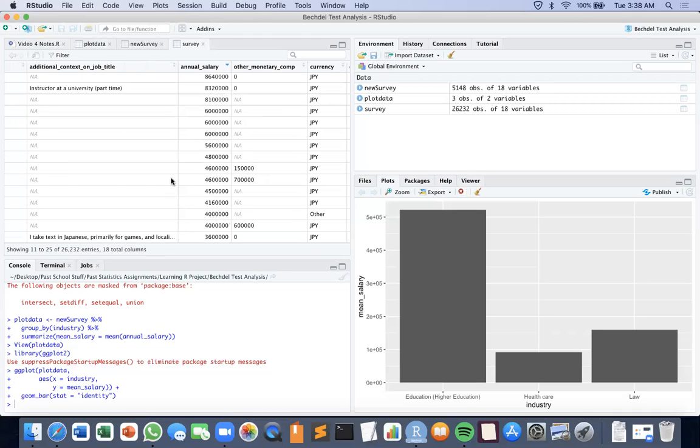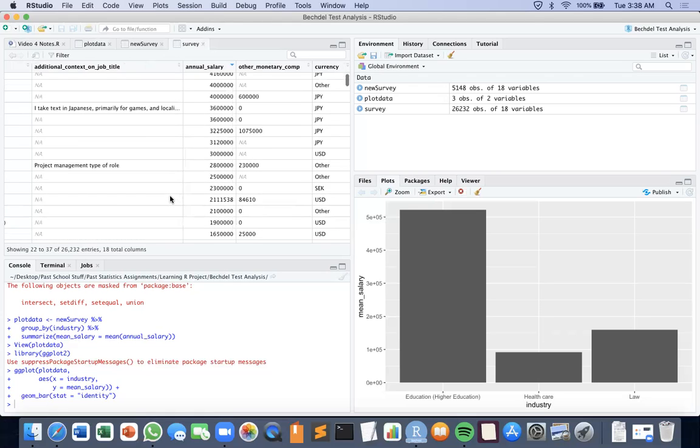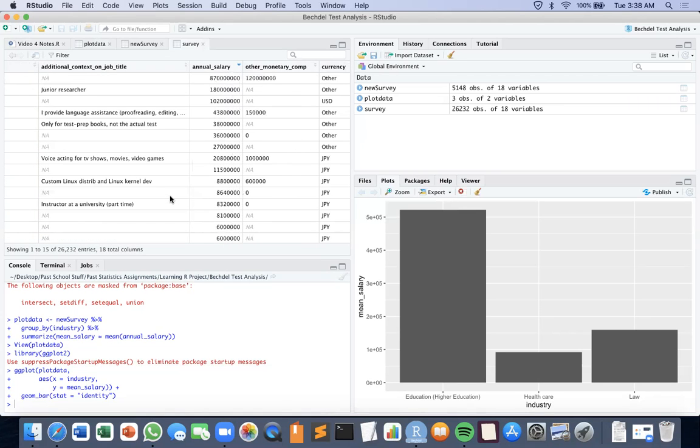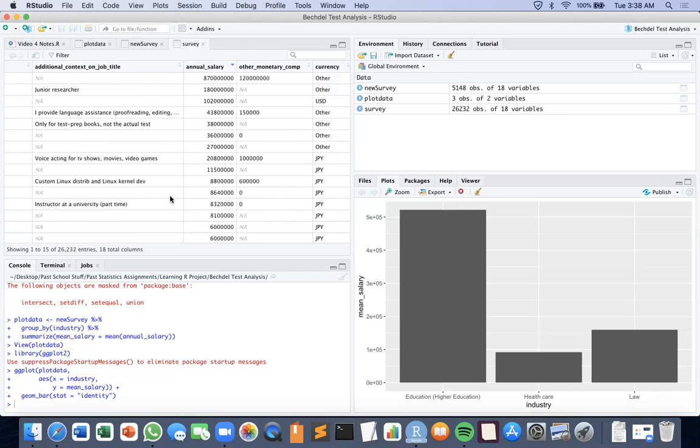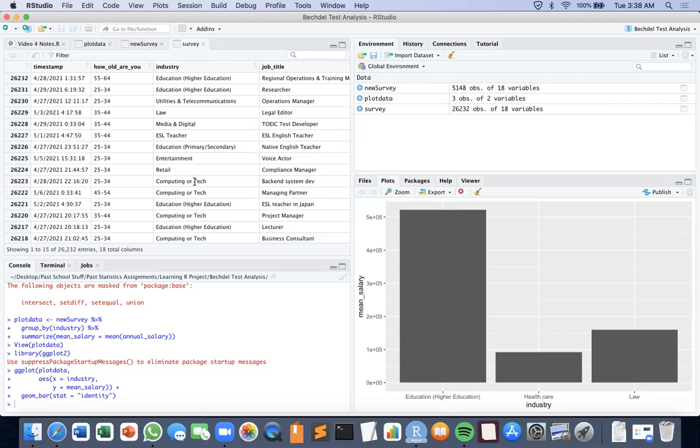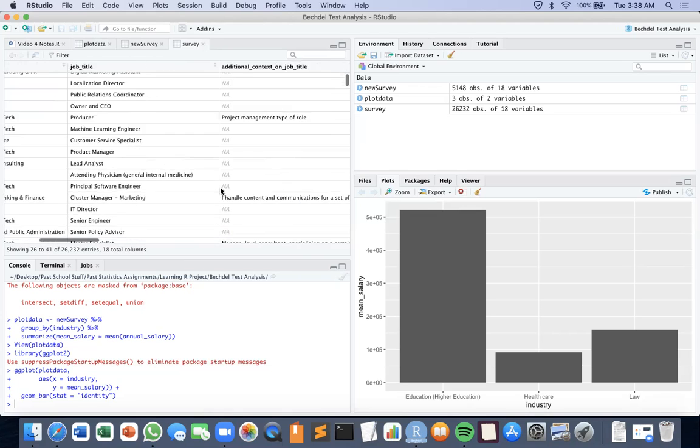So let's say 5 million is going to be the cutoff, because yes, people earn more than 5 million, maybe even some people on this list, but if we cut those super high values off, it's going to be a more accurate portrayal of the mean. So let's do that.